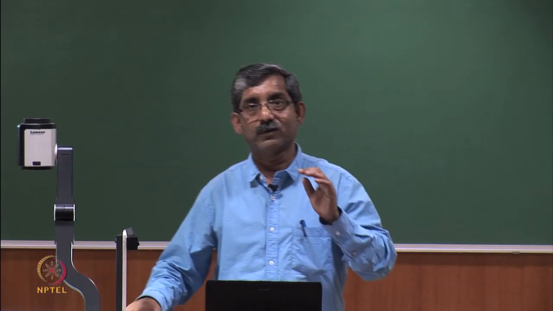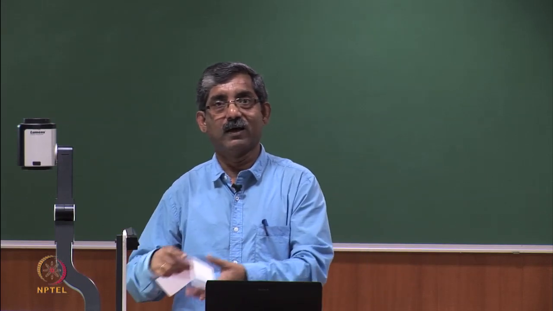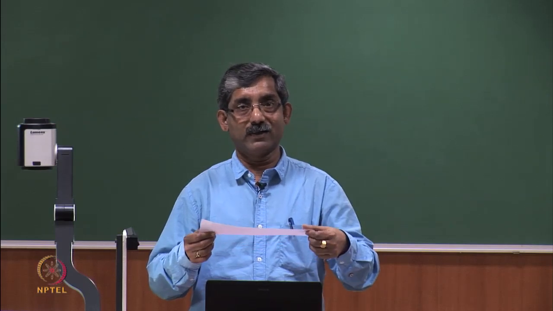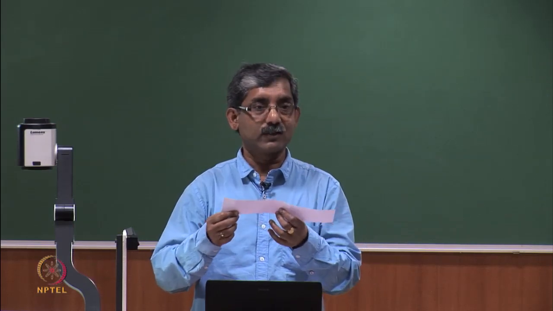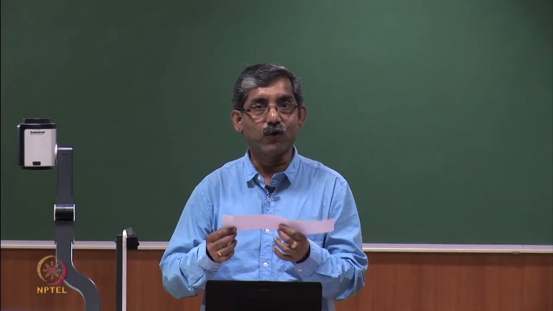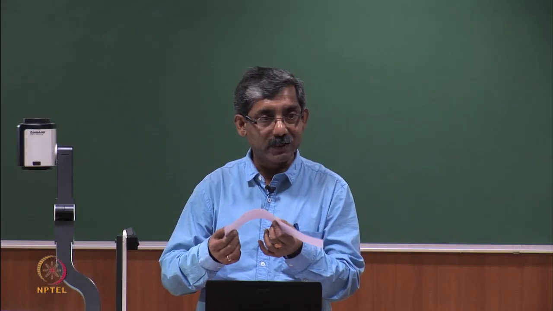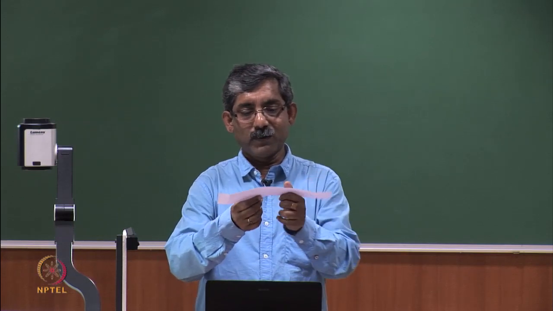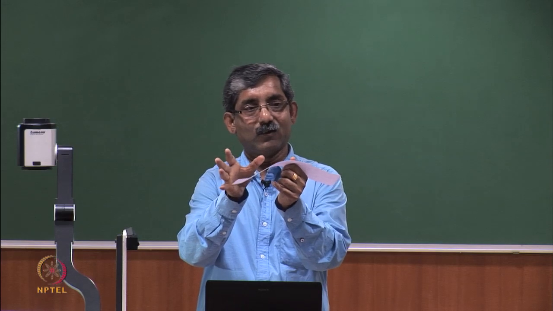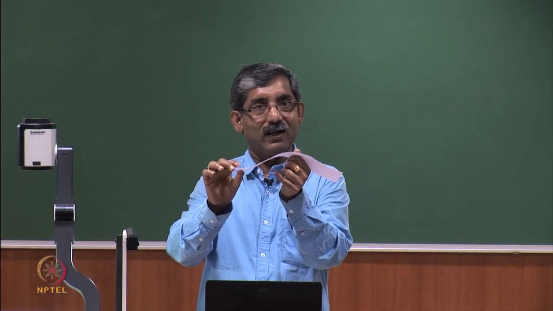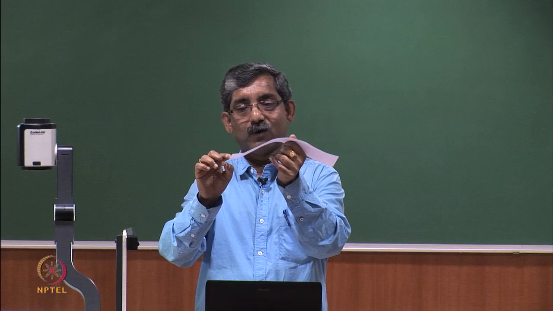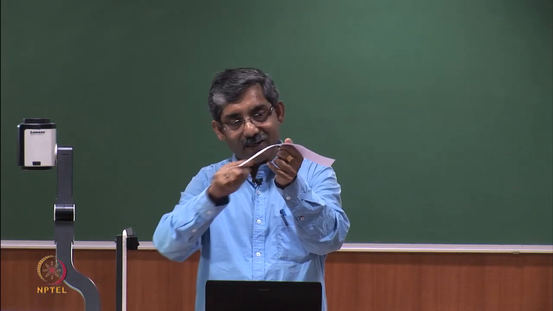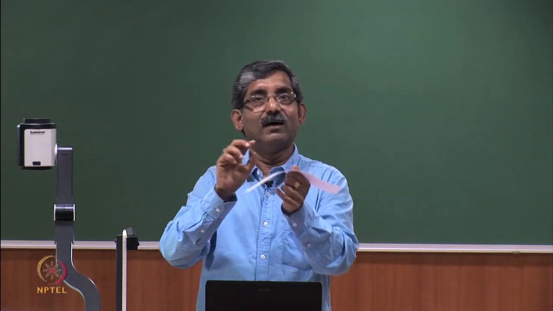So, suppose this is the fabric of mass 200 grams per square meter and it has a flexural rigidity of 245 micronewton meters. Now, the question is what the overhanging length will be when this tip reaches a point which is 10 degrees below the horizontal.